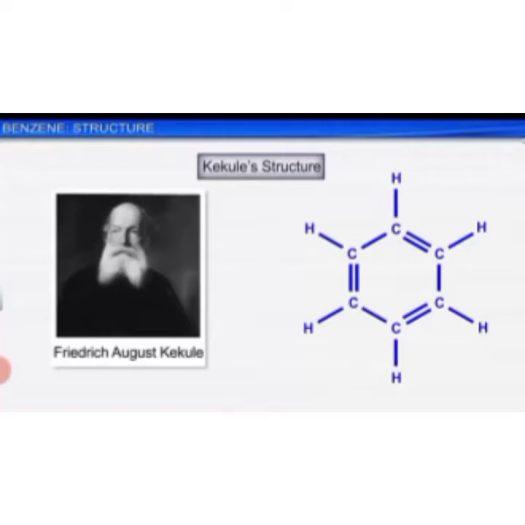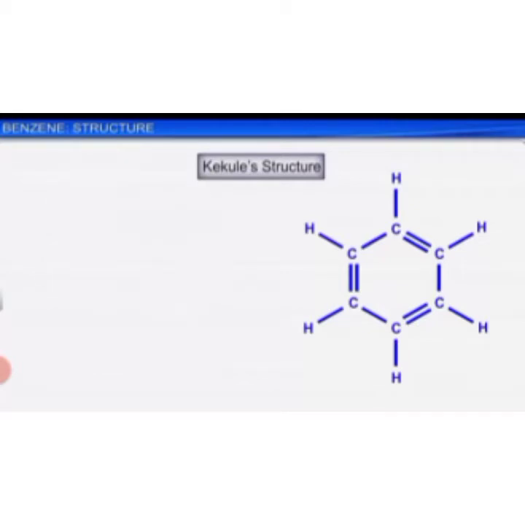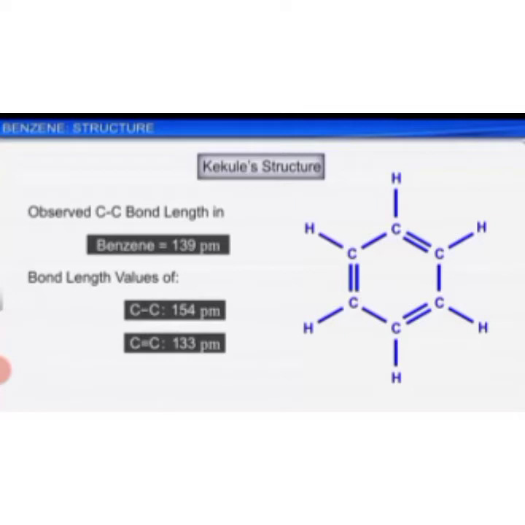For example, this structure cannot explain the observed bond length of carbon-carbon bonds, which is 139 picometers. According to this structure, 2 bond lengths are expected due to the presence of alternate single and double bonds. They are 154 picometers due to carbon-carbon single bonds and 133 picometers due to carbon-carbon double bonds.